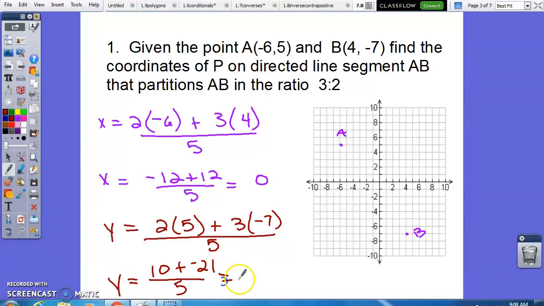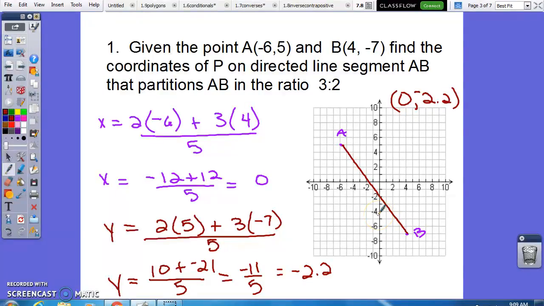So the y value is going to be -11 over 5, which is then -2.2 as a decimal value. So the point we're looking for is 0, -2.2.